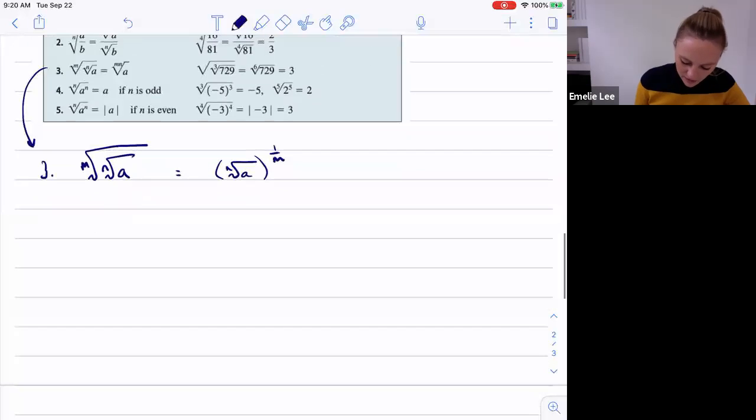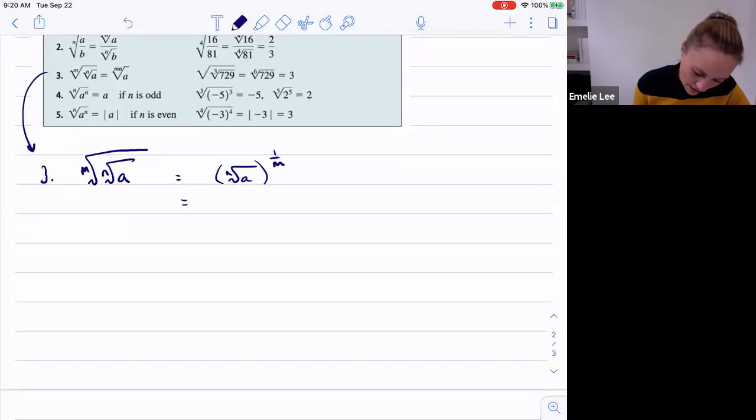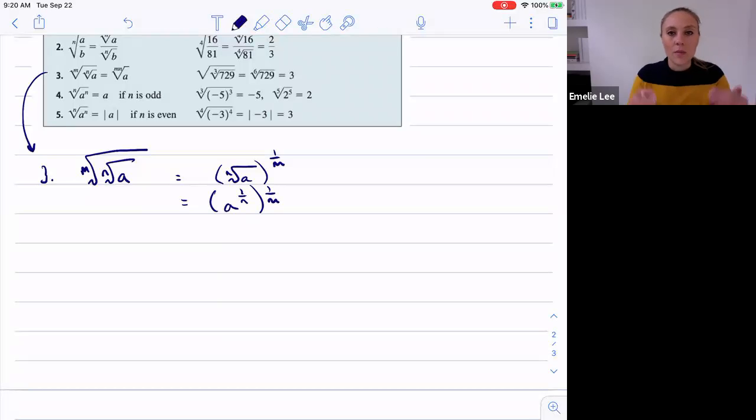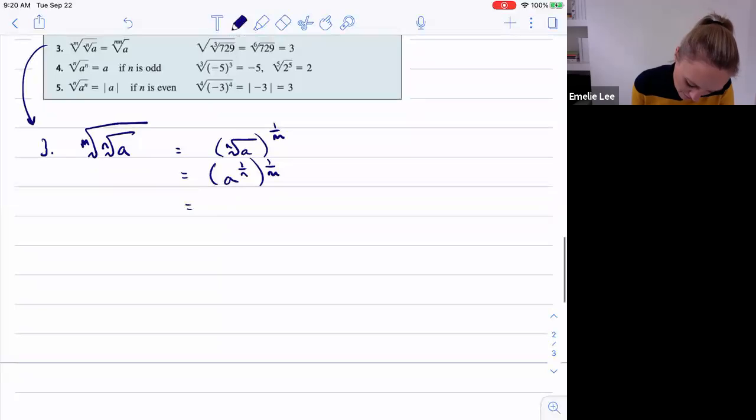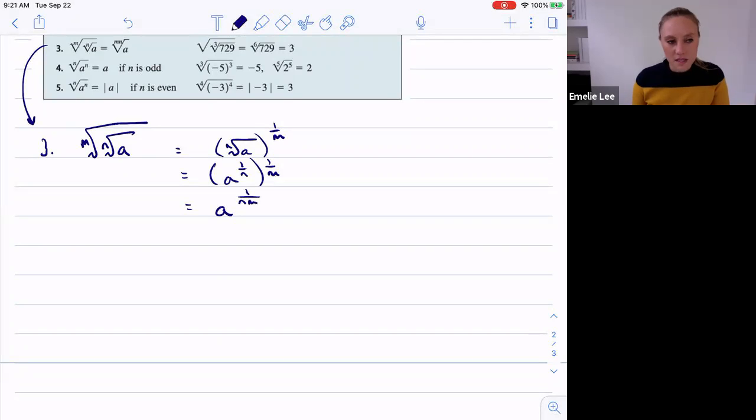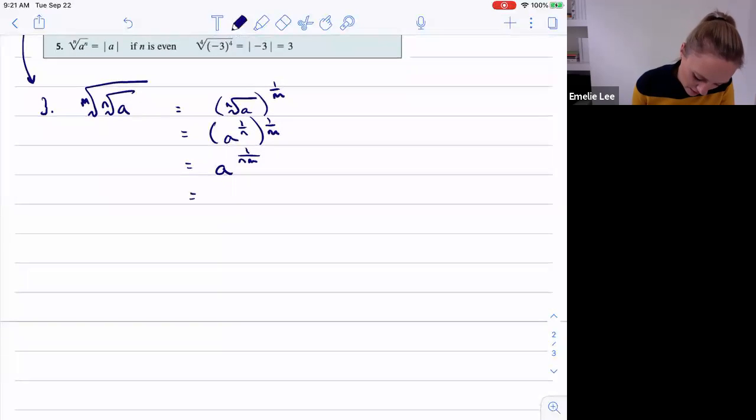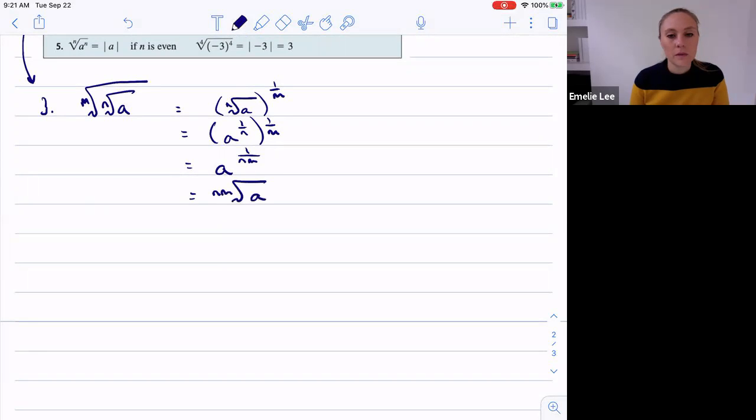That's the same thing. But what if I take the inside and I rewrite it as a to the 1 over n, to the power of 1 over m? Well, because I've got these exponents, I can multiply them. So I get a to the power of 1 over n times m. Well, that's the nm-th root of a. Okay. So that's where that came from.